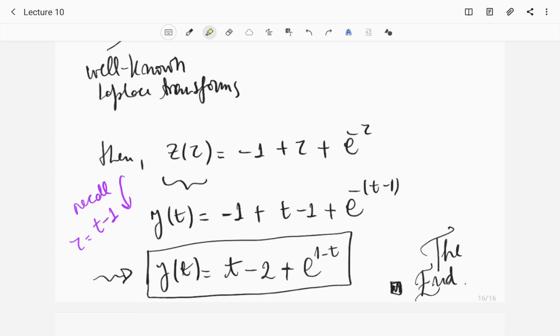Since the initial conditions were given at t equal to 0, that was completely enough to find the expression of the Laplace transform of the solution y of t. Once we get that, we apply the inverse Laplace transform to get what we really want, which is y of t.